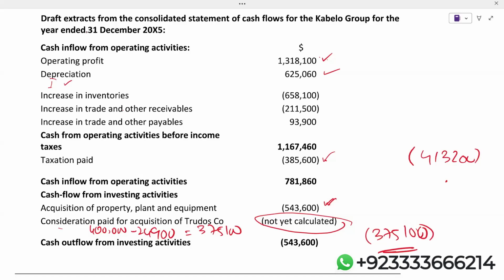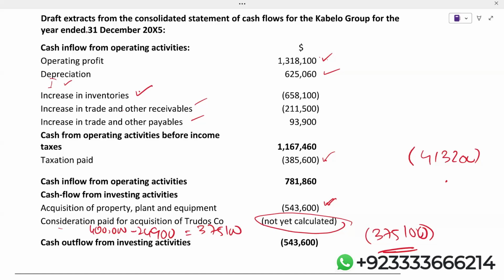First we will exclude the impact from the closing balances, then we will take the difference. Let's see. Examiner has categorically mentioned that while calculating working capital, inventory, receivable and payable impact, examiner did not consider the acquisition of subsidiary. Okay. Now, you need to understand a few things.